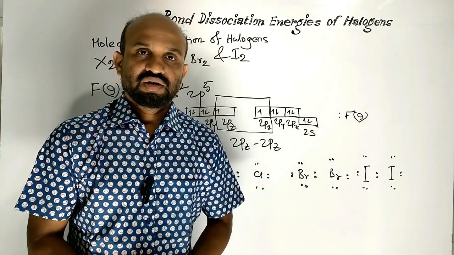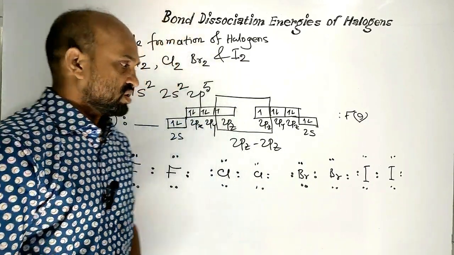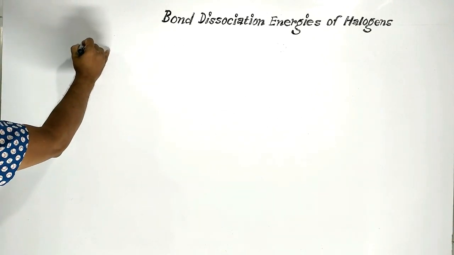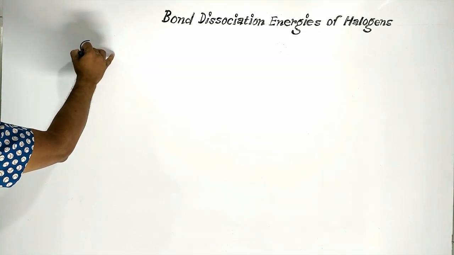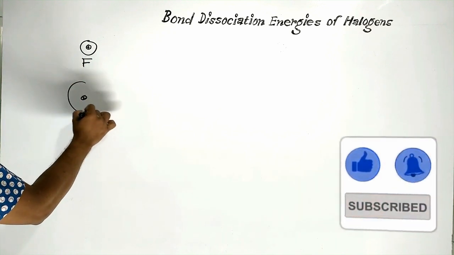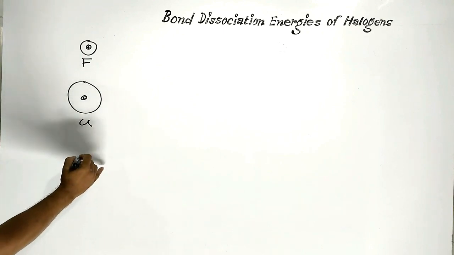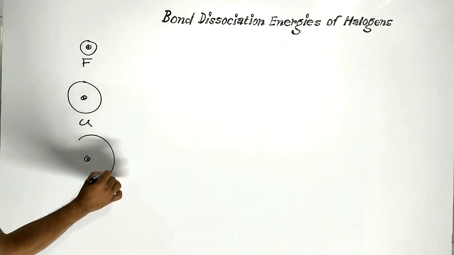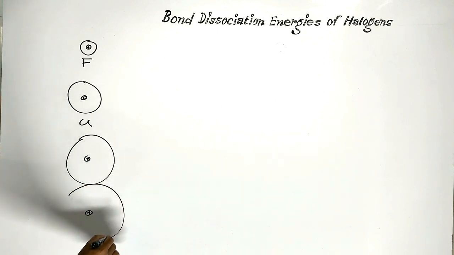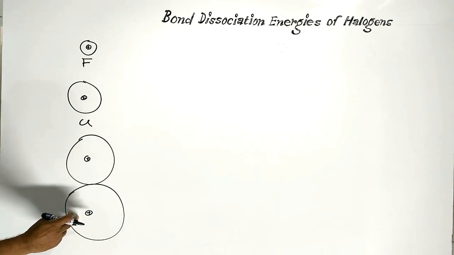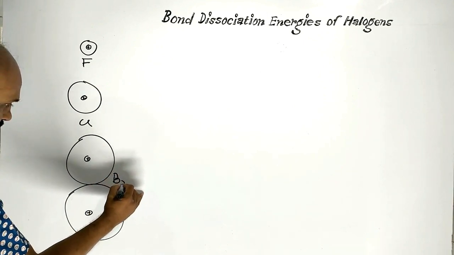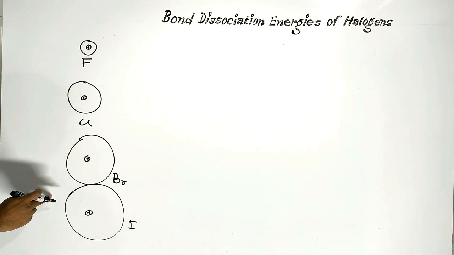Now let us see why bond dissociation energy is different for different halogen molecules. Already we know that fluorine is smaller in size, chlorine is a bit bigger in size, bromine is bigger than chlorine, iodine is, we can consider, the biggest among these 4 halogens.